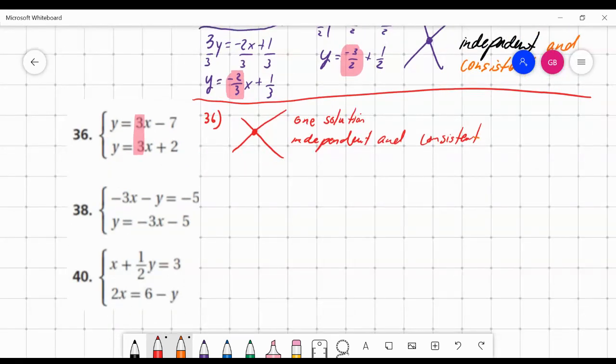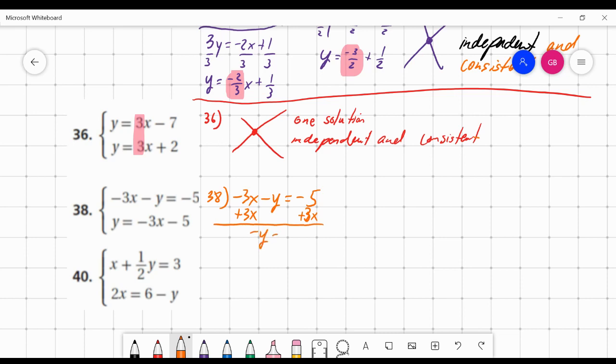Okay, 38. The first equation we need to solve for y. So negative 3x minus y is equal to negative 5. Okay, so I'm going to add 3x to both sides.